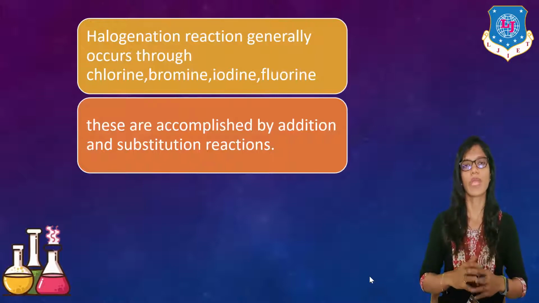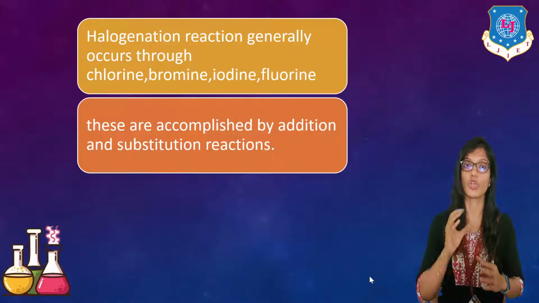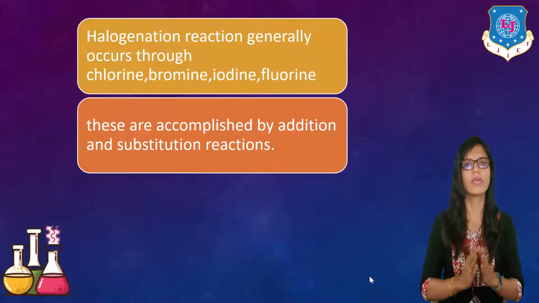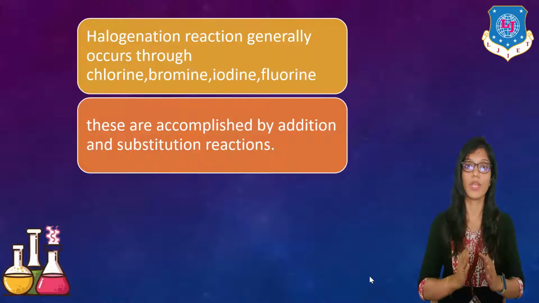Addition reactions are the type of organic reactions in which only addition of a particular group or atom is done. Nothing will be removed, nothing will be eliminated, only addition is done.